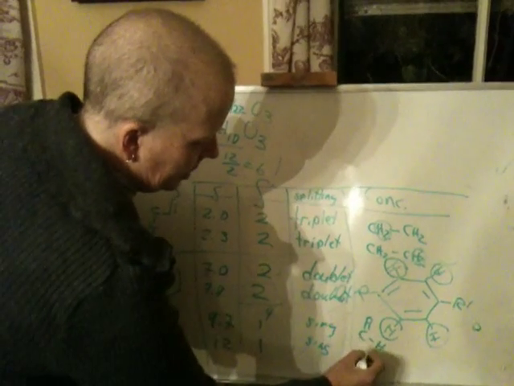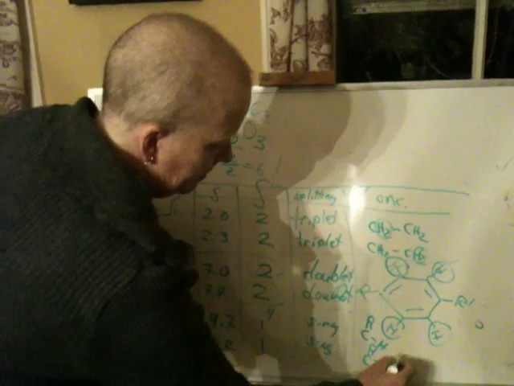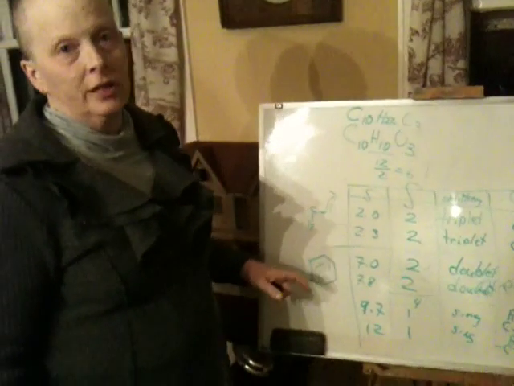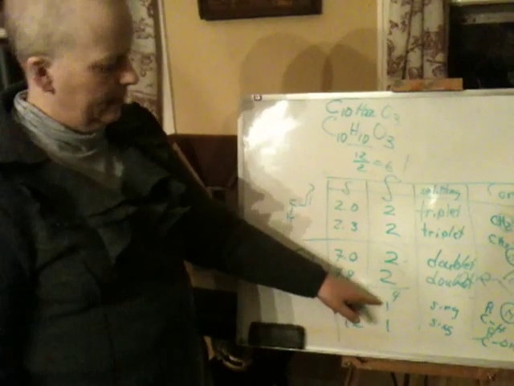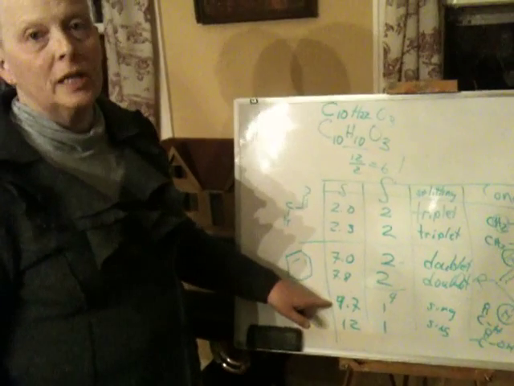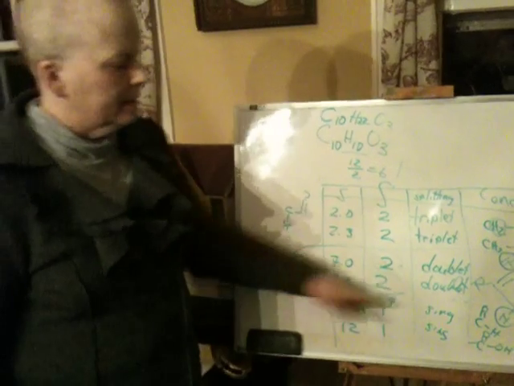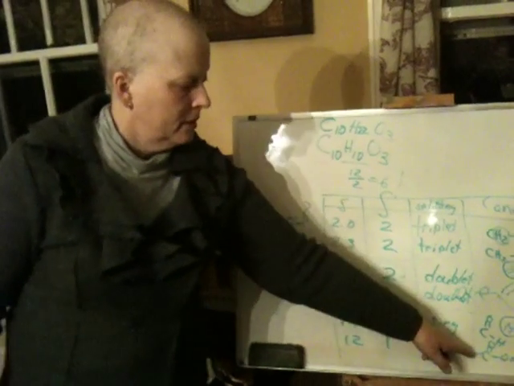This one is a carboxylic acid. Okay? There are certain things that are more readily identified by their position than by their splitting and integrals. Okay, so this is saying 1 isolated hydrogen. There's very few things that are down at 9.7. Aldehyde is kind of like a sure thing with that.